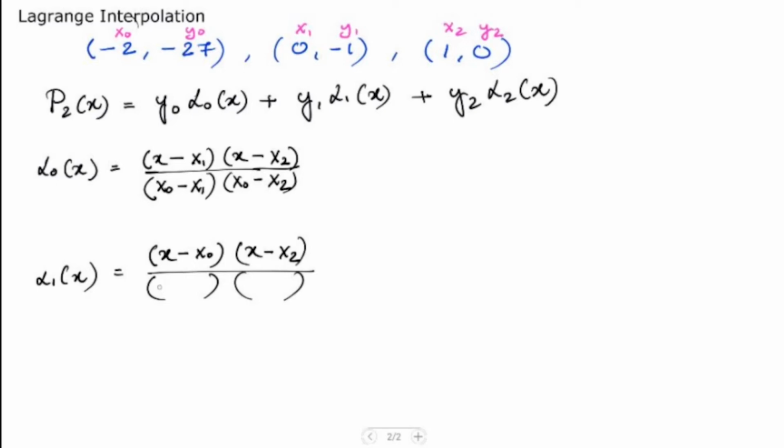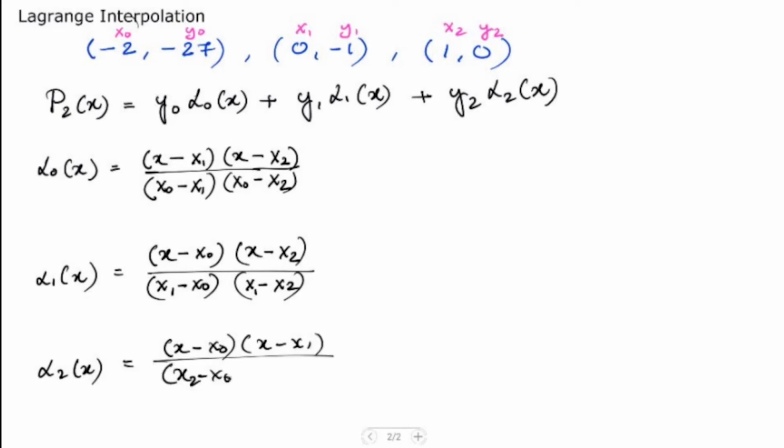Then down here we subtract from x1 the values that we subtracted above, which are x0 and x2. That makes the formula, and so on for L2x. Here again we'll have x minus x0 and x minus x1 divided by x2 minus x0 and x2 minus x1. So that's very simple to remember.